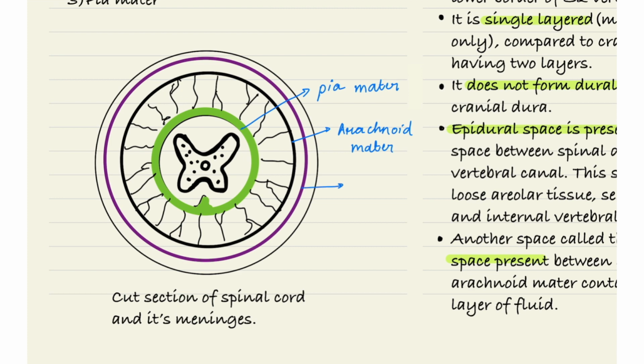And the violet part is the dura mater. Outside the dura mater, this is the vertebral canal. And these lines are the trabeculae, which lie in the subarachnoid space.